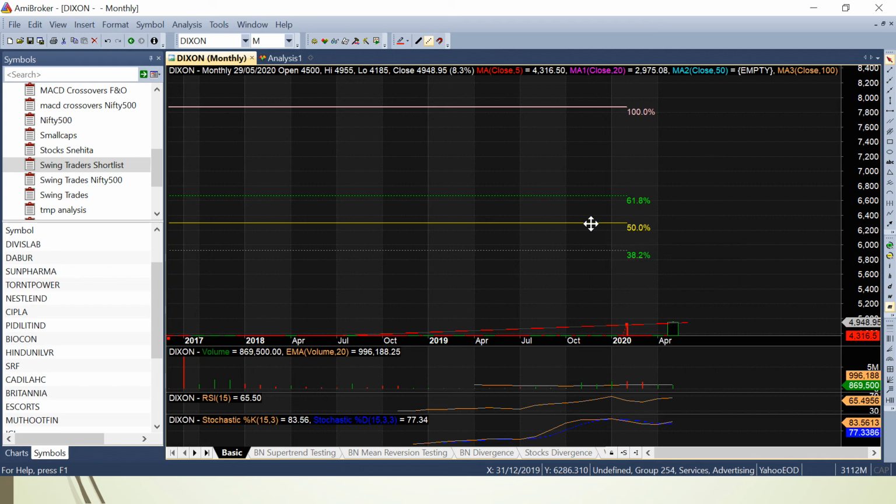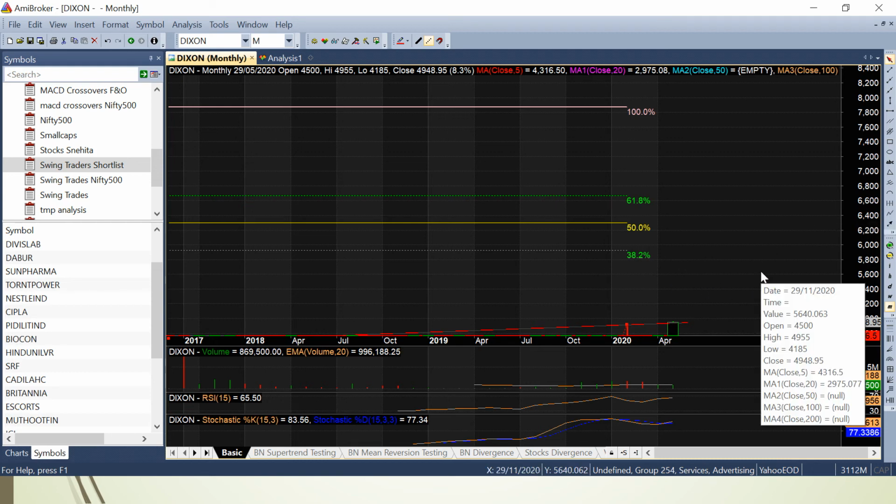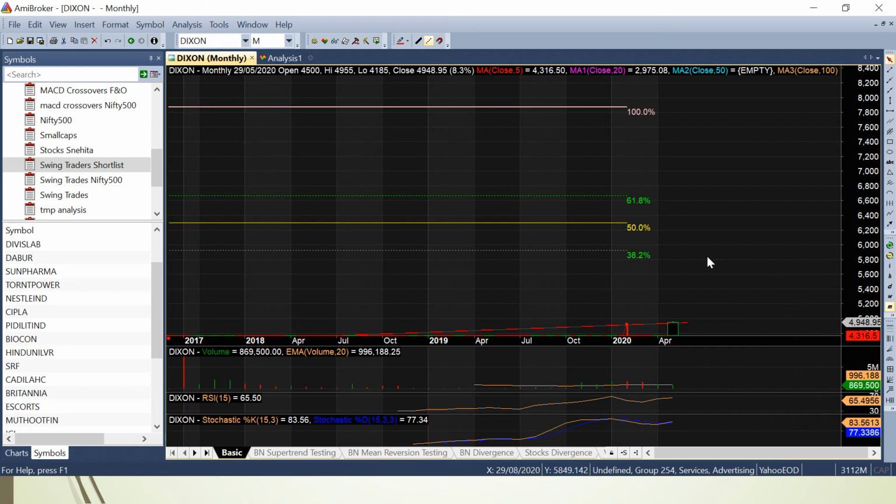Or you can break your trades into multiple trades. You can first come out at the 38.2 level, let it consolidate a little bit, and once it breaks out again, making some small flag pattern or something, you enter again and go to a 61.8 level kind of target and things like that, right?